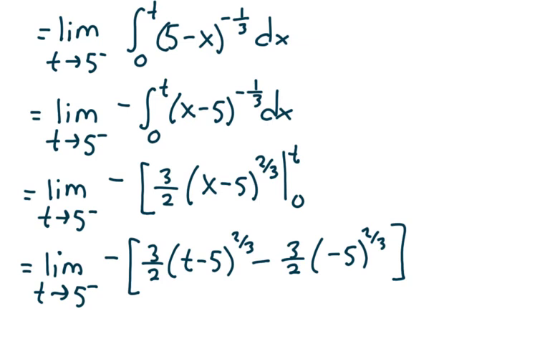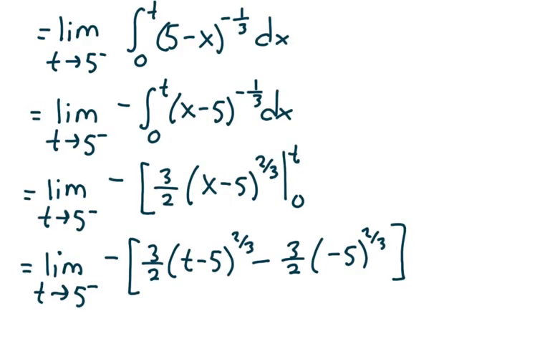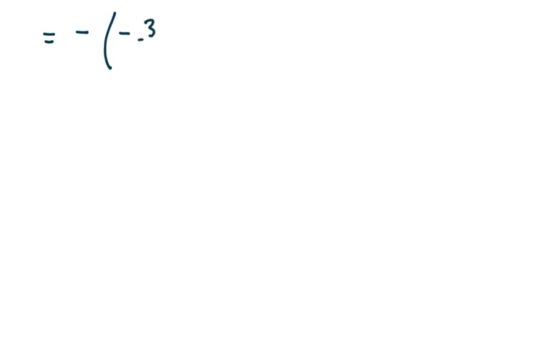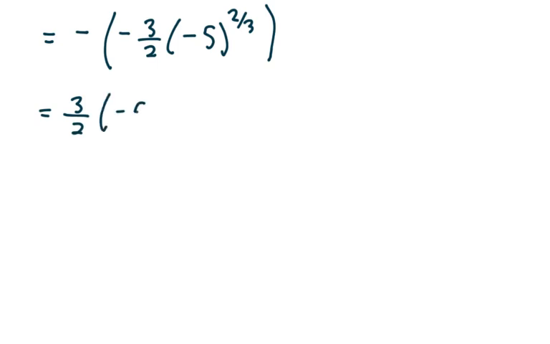When I plug 5 in, that becomes 0. And so this is going to be equal to negative of negative 3/2 times negative 5 to the 2/3. But this is 3/2 times negative 5 to the 2/3, right?